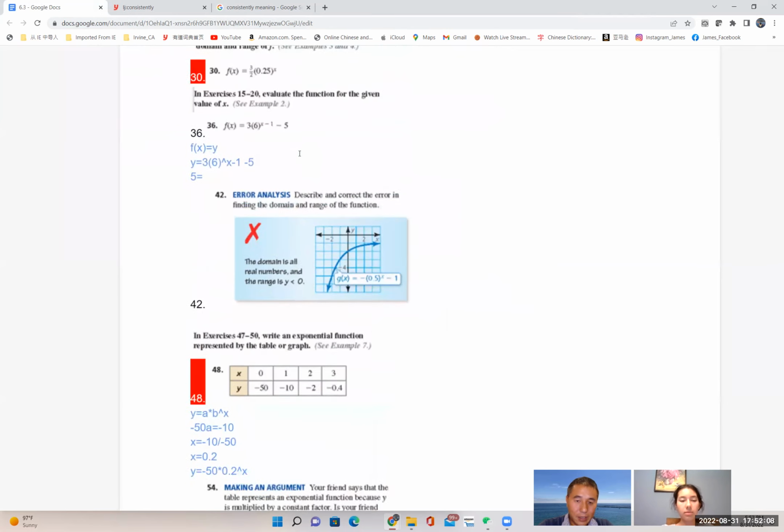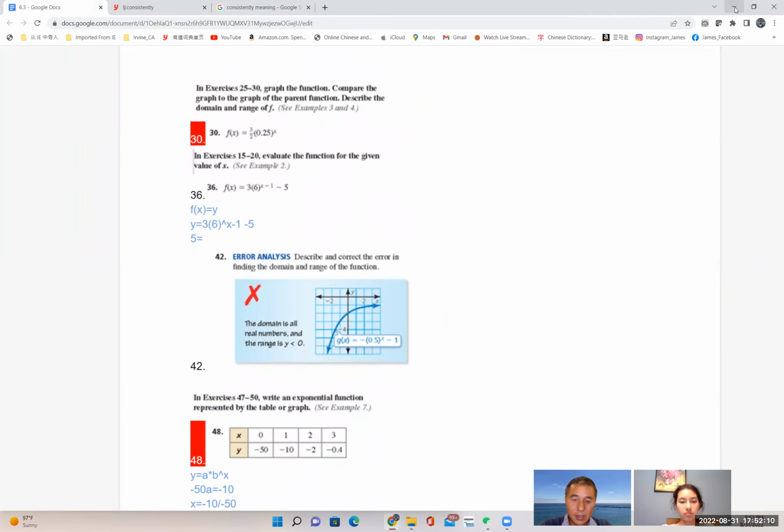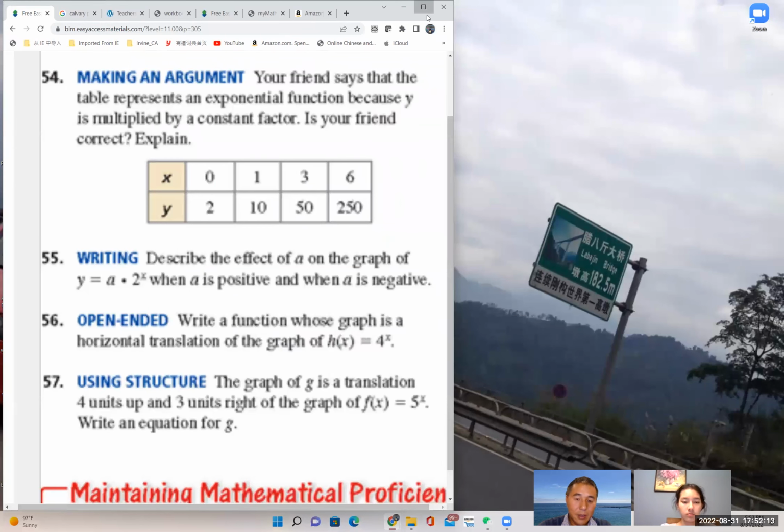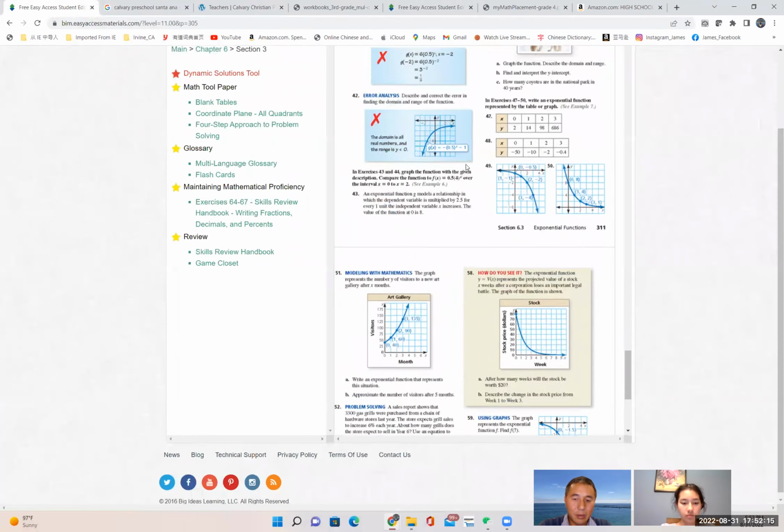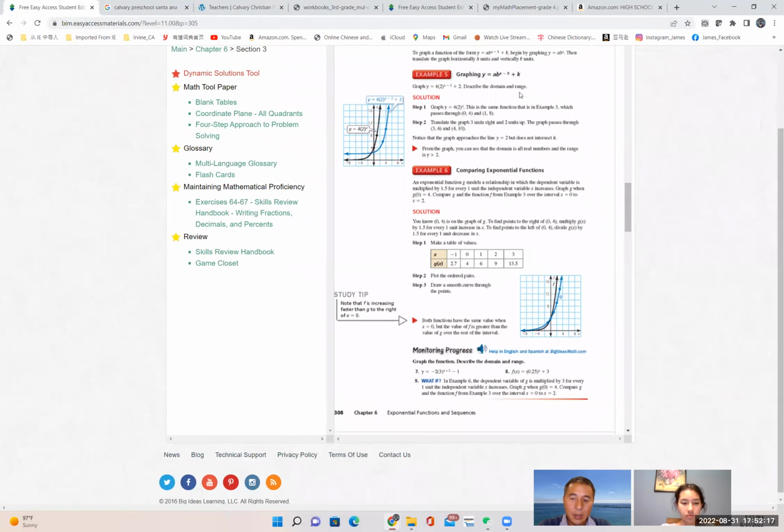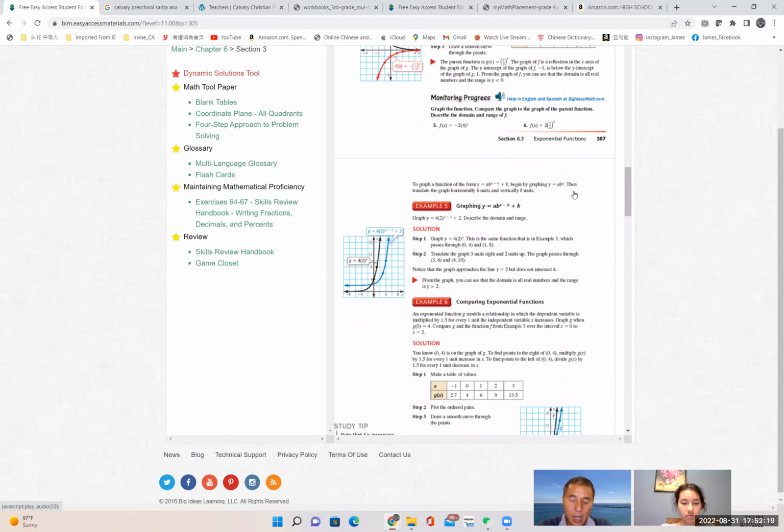Maybe we can find an example from this section. Let me see how the examples use this kind of word.